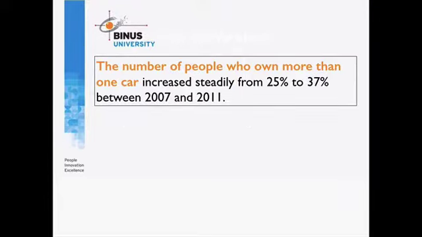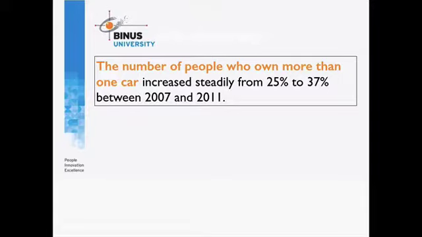So let's consider the first question: what are variables? So here's an example of a trend sentence, and we looked at this in the Micro Skill 1 video. The number of people who own more than one car increased steadily from 25% to 37% between 2007 and 2011. So if you remember when I was talking about trends, we had variable, trend, data, and time.